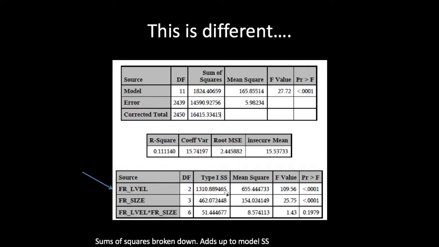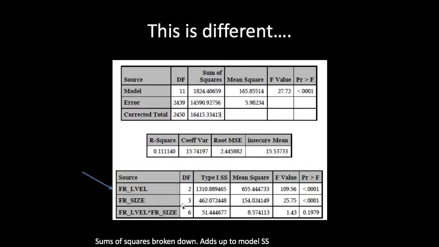And that was very highly significant over here. It had a very large F value here. The next thing we had was the size of the school, which was broken down into four levels, right? Which is why we've got a degrees of freedom of 3. So basically there were small, medium, large, and very large schools.